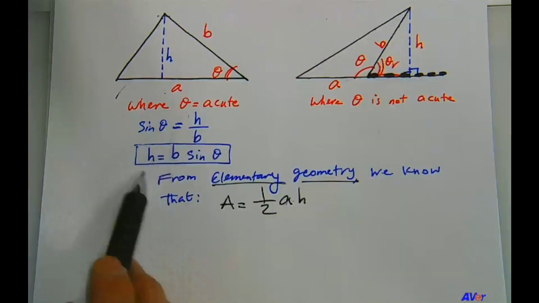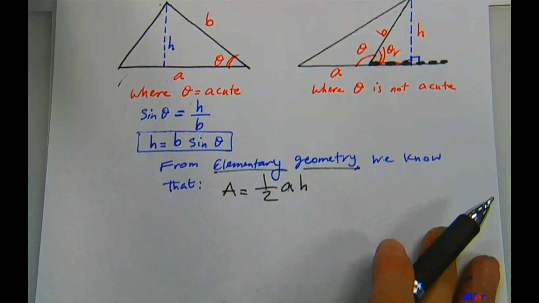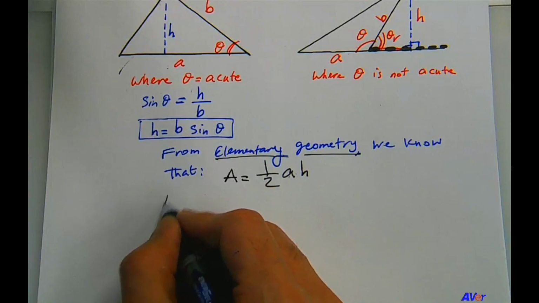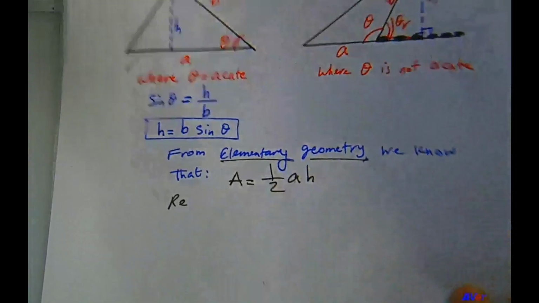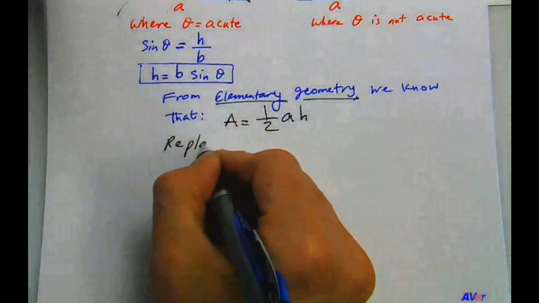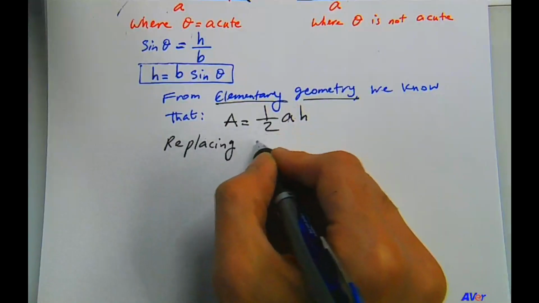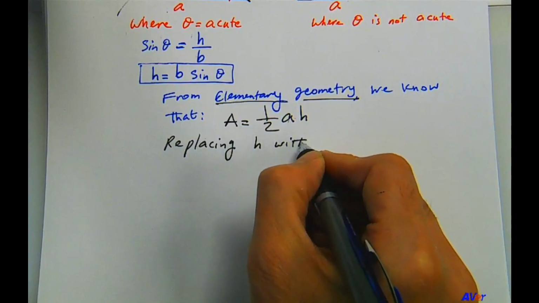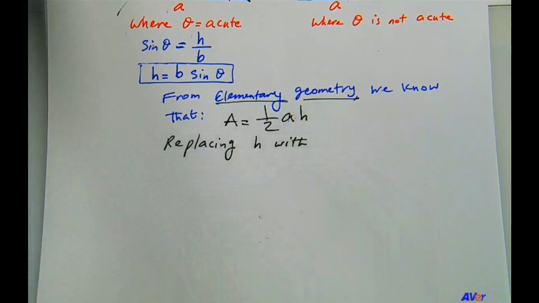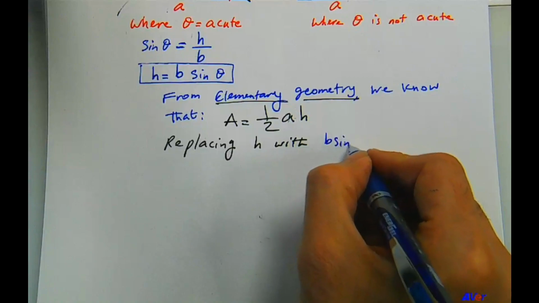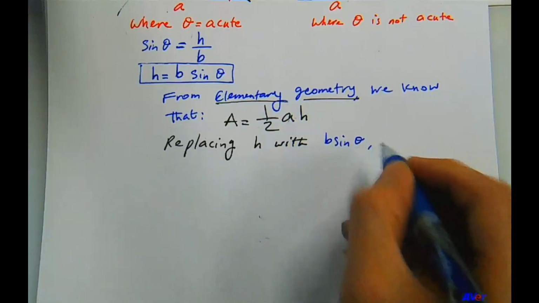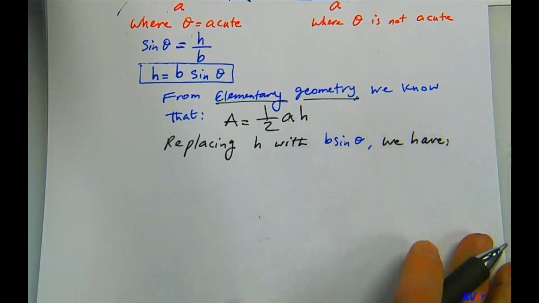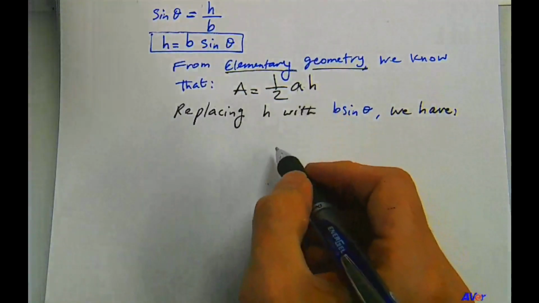So replacing h with b sine of theta, we have this new formula that has the sine of theta involved.